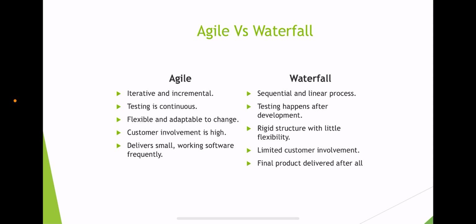Let's move to the next slide, where we will see the exact difference between Agile and Waterfall. Agile is an iterative and incremental model, while Waterfall is a sequential and linear process. In Agile, testing is continuous, but in Waterfall, testing happens after development is completed.